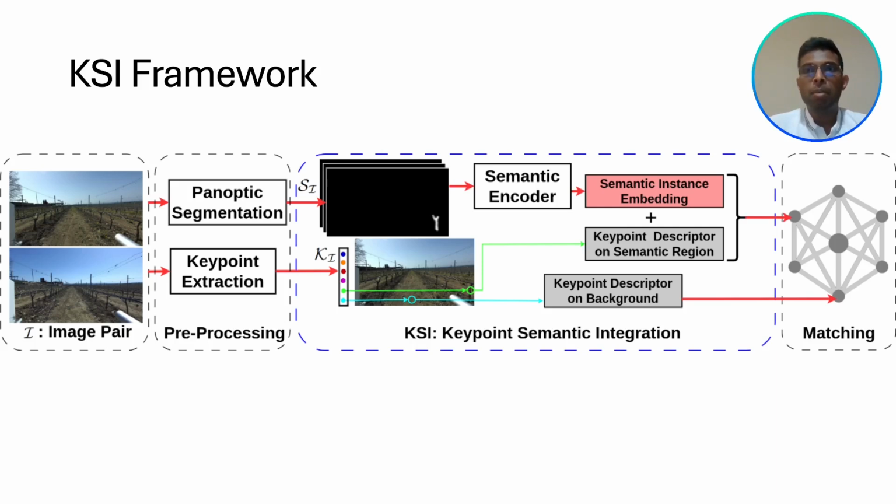And we use that semantic embedding to modulate the key point descriptor to enrich the descriptor with semantic information. So any key point on the background is unaltered, and then finally we merge the background key point set and also the modulated or enriched key point sets and match them using a single matcher instance. So the matcher could be something like SuperGlue or LightGlue.